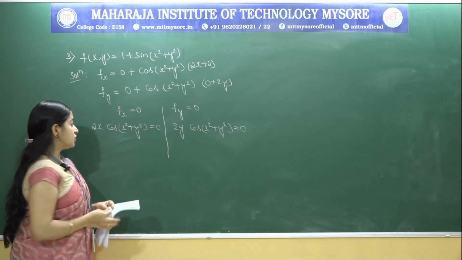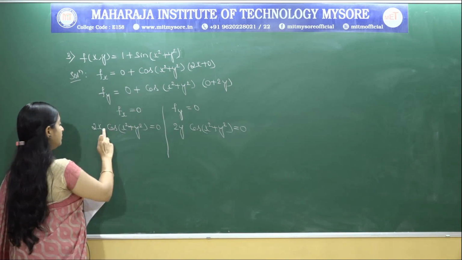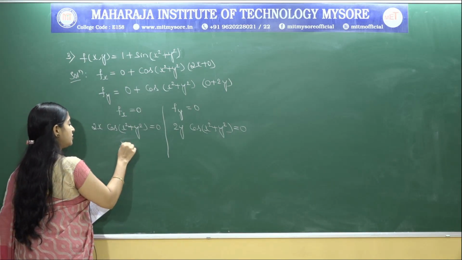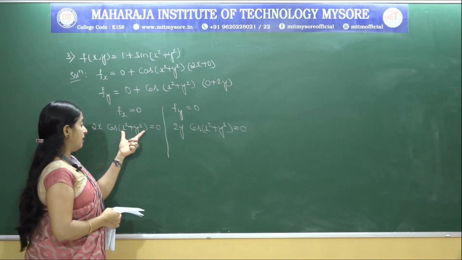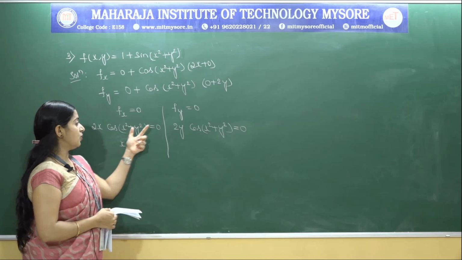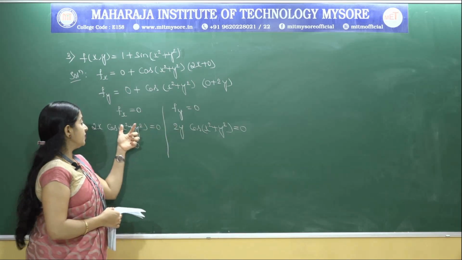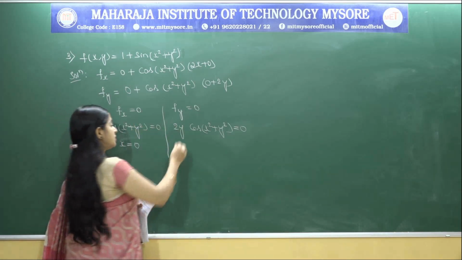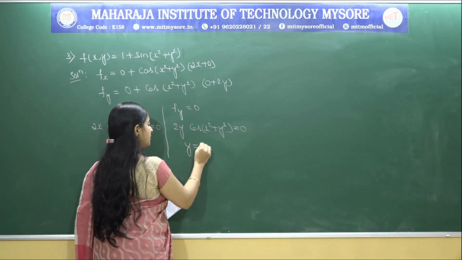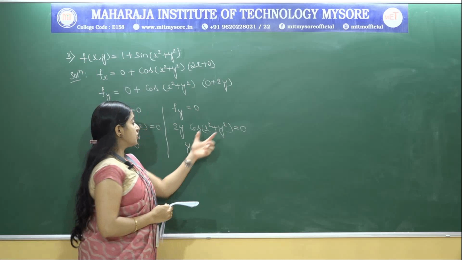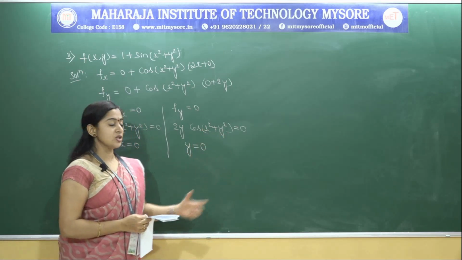Here equate both the terms to 0. Here the first one, the variable x equals 0. The second part, if you solve this, again you will get x equal to 0. Similarly for the second term, 2 is not equal to 0, so y is equal to 0. Similarly, you can solve this, again you will get y equal to 0.